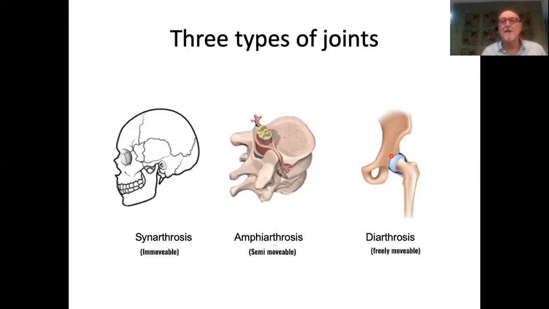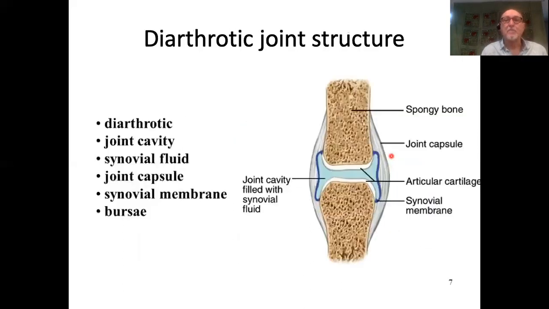This here, it is here. And the other important ball and socket joint is of the shoulder, the joint that joins the arm bones up to the shoulder girdle. And so this is a typical diarthrotic joint, and it has what is called a synovial structure.